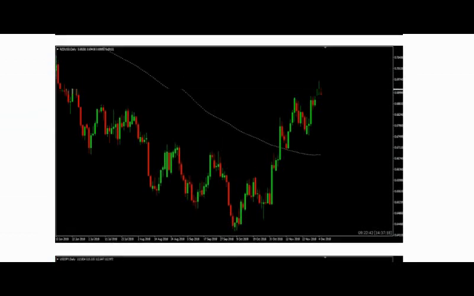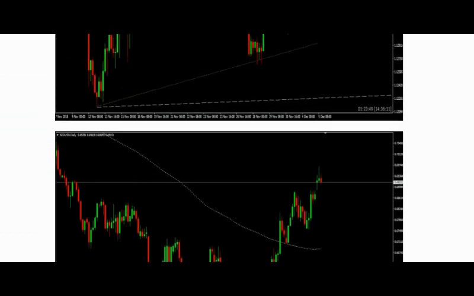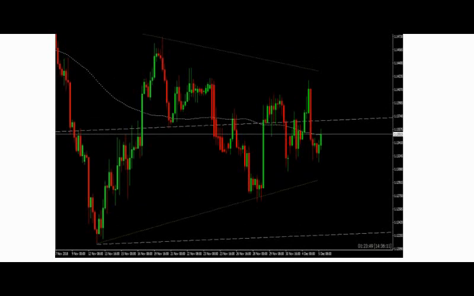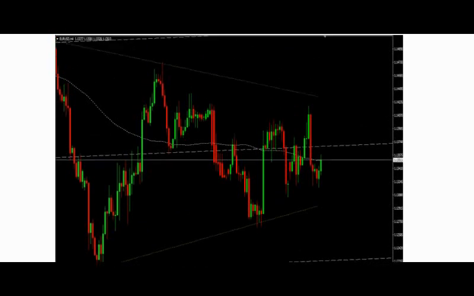This is something that I've been looking at. Let me just show you a couple of my charts here. This is the euro dollar 4-hour chart. This is what's currently happening. And here we have these tops.